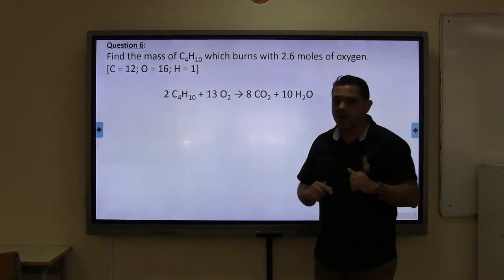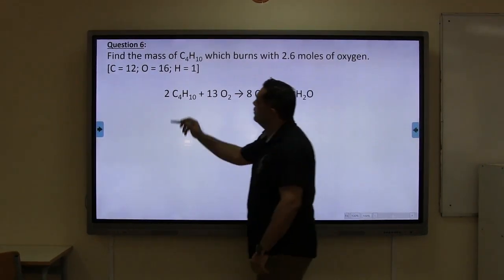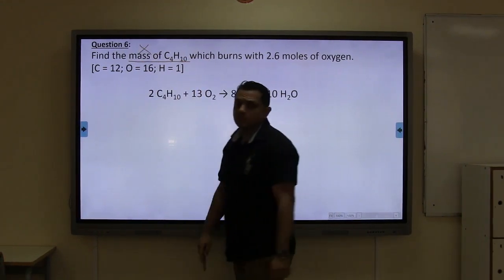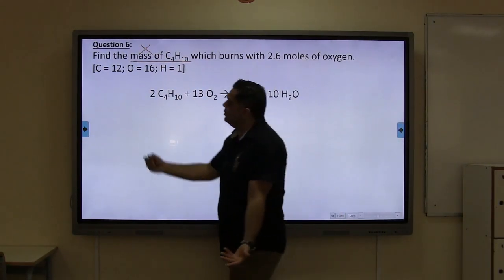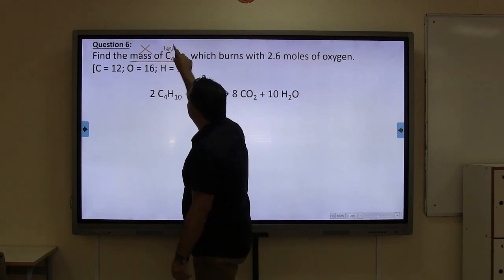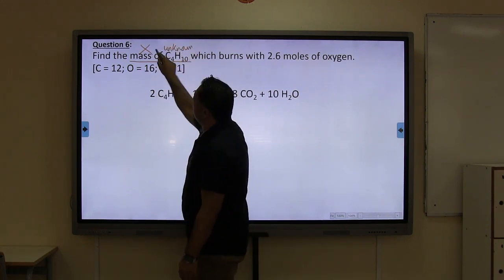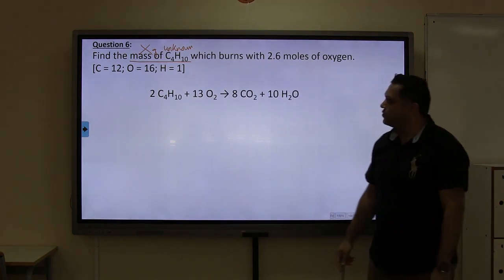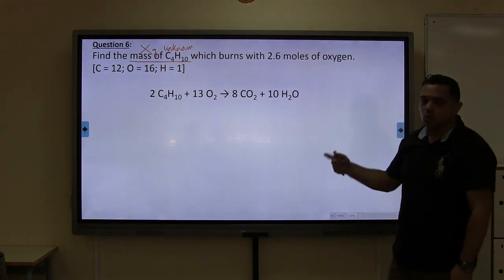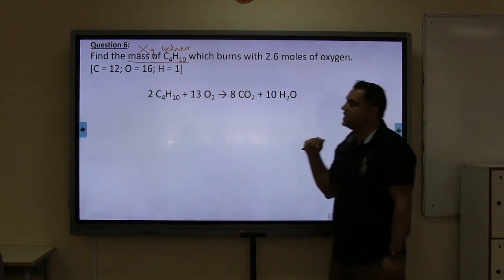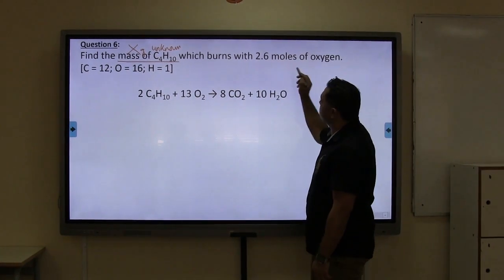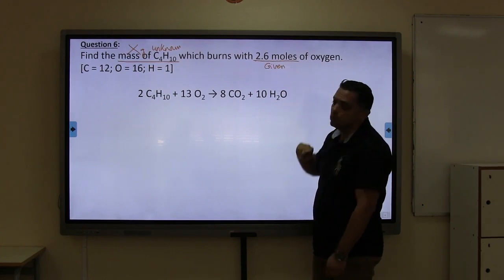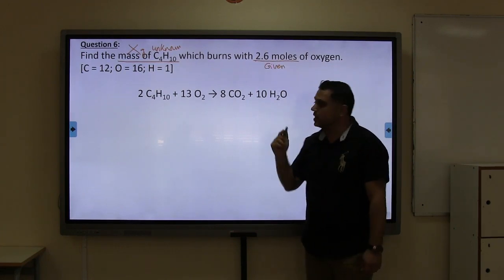So find the mass of C4H10. The mass here is X, unknown. So this is my unknown. Find the mass, this is the unknown and this will be in grams. So find the mass, X grams, of C4H10, which burns with 2.6 moles of oxygen. 2.6 moles of oxygen, this is the given.